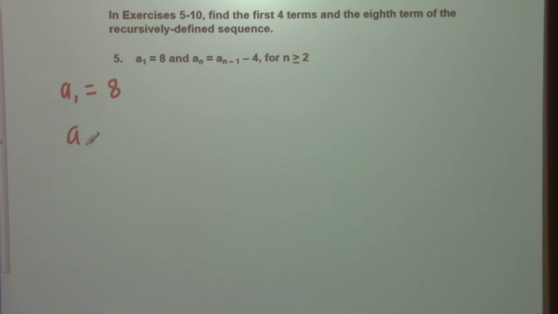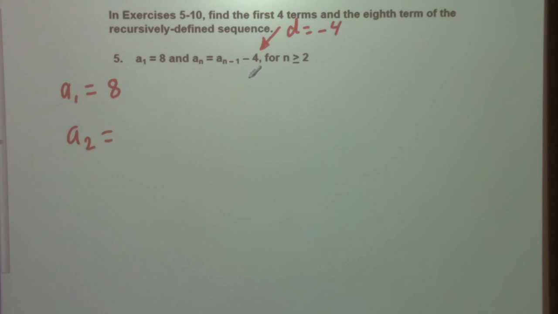Now how do you find a sub 2? Well, it tells you what you need to do to get from one term to the next. To get a sub n, which is 1 greater than a sub n minus 1, we have to subtract 4. So in this case, d, our common difference, is equal to -4.